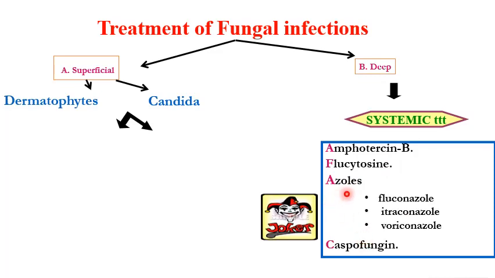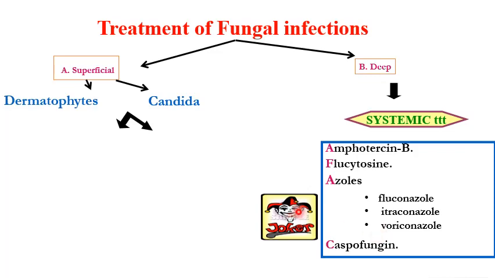Azoles are broad-spectrum antifungal drugs, like a joker, used for any fungal infection, either superficial or deep. Azoles are present in many routes, topical and systemic. So when we use azoles for systemic treatment in deep fungal infection, sure, we will use the azoles that are safe to be used systemically, like fluconazole, itraconazole, and voriconazole.